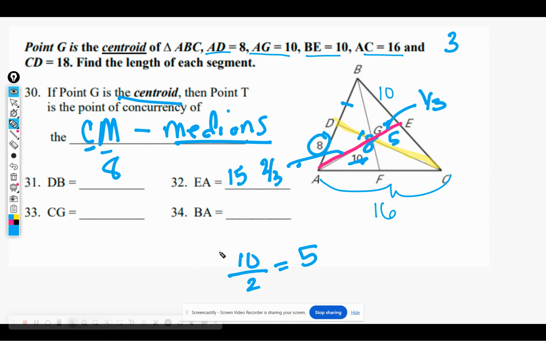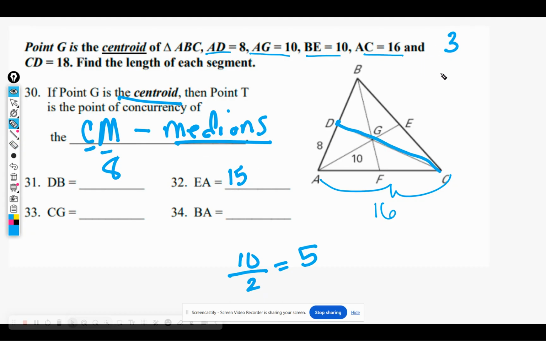Okay, so I want you to use what I just did, and I want you to find CG. Well, I'll help you find CG because this one's a little different. Let's do the same thing and find CG. We know that the whole thing was 18. I'm sorry, CD.